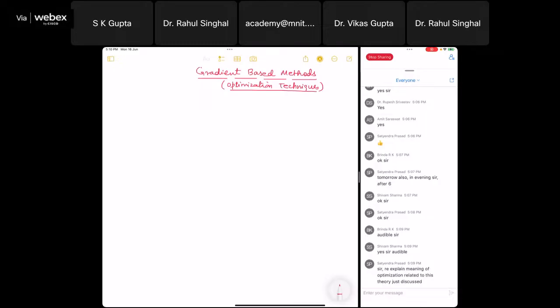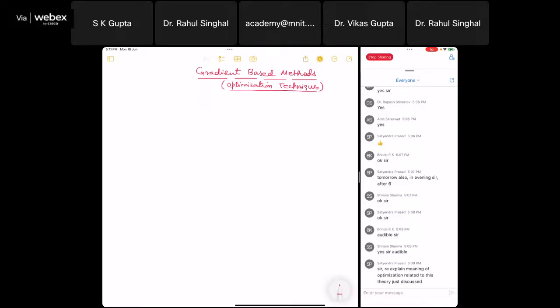So there are techniques to solve unconstrained as well as constrained optimization problems. Before going into these methods, let us first try to understand what the common basic scheme is for a given problem.